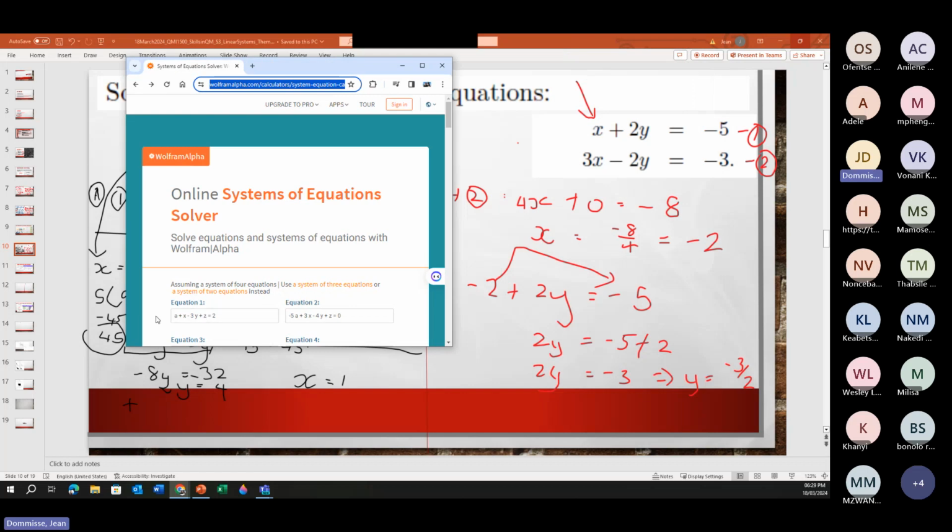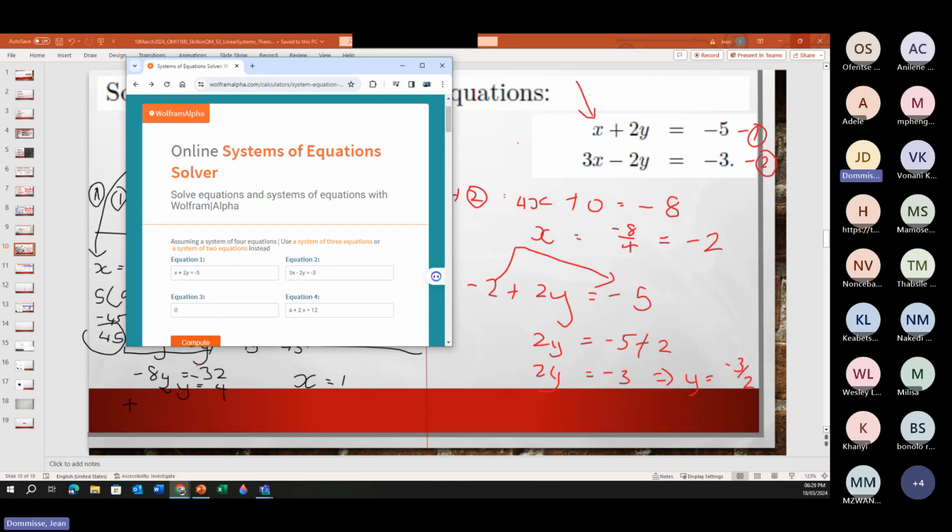So we had x plus 2y is equal to minus 5. We've got 3x minus 2y, which is equal to minus 3.